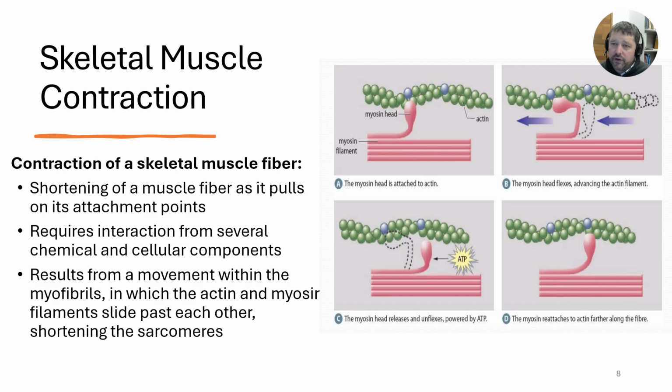When it does that, it loses hold on the actin receptor, and the whole actin filament slides. Then ATP can reset that myosin head so it can do it again. Grab another one and slide.